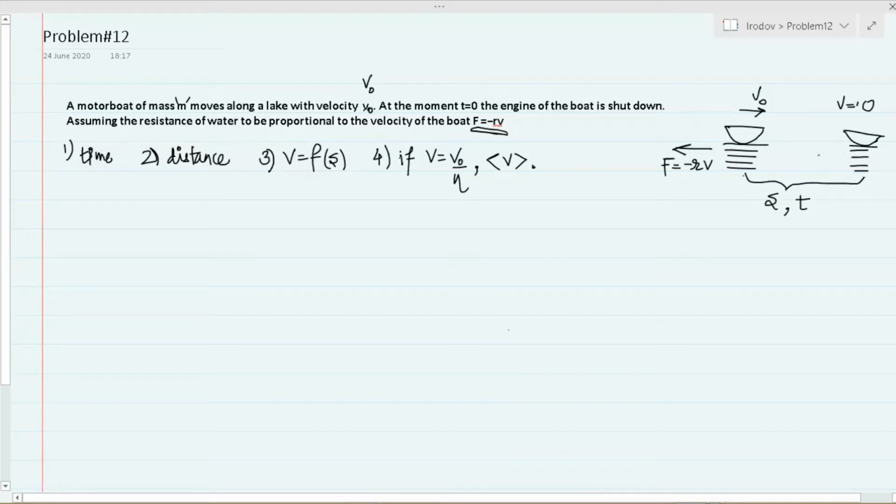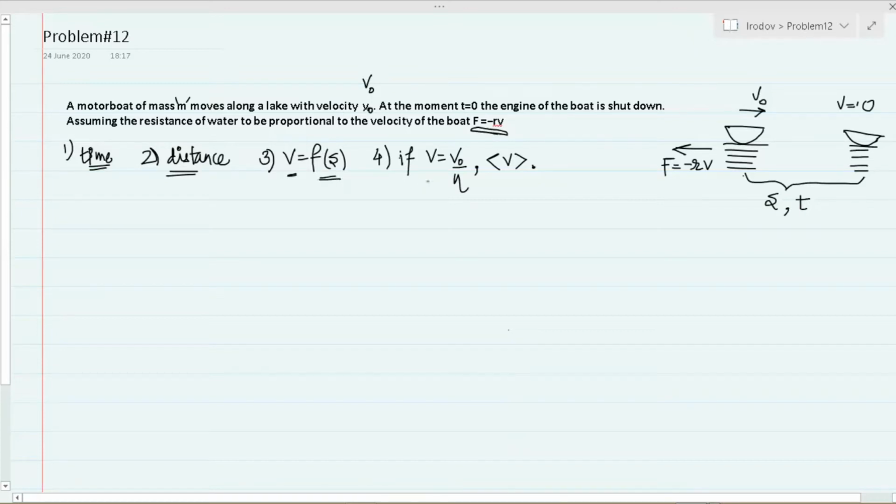Now what they've asked us is to find the time it takes to stop and the distance it travels, and we've been asked to express velocity as a function of distance.